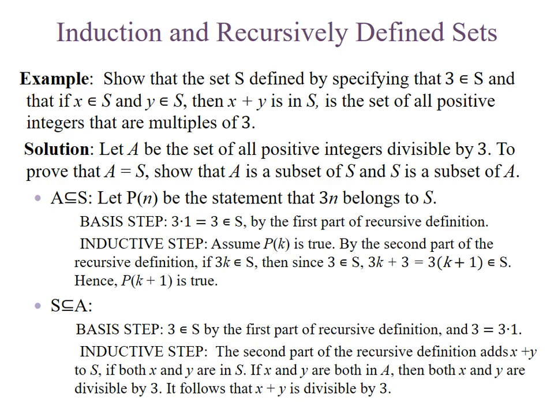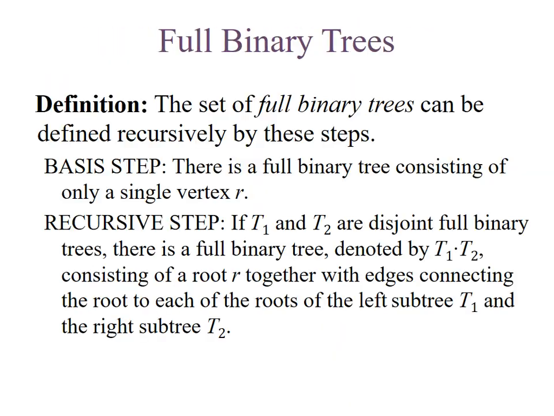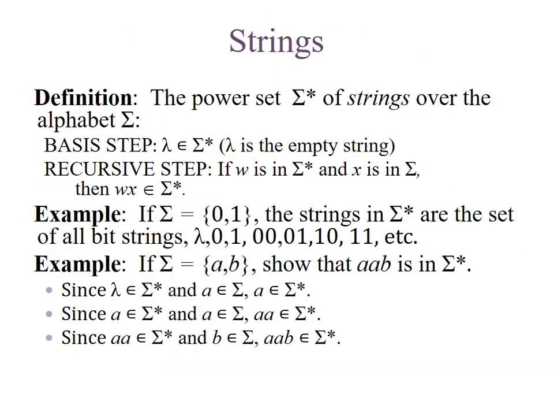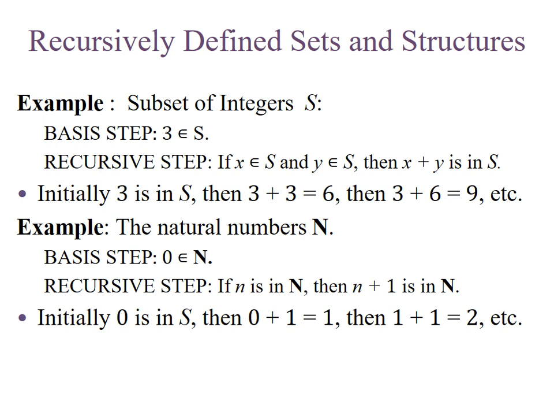So we have seen this problem before, right? So maybe we can go back to where we, oh, yes, it is. In the basic set, we have 3. In the recursive set, we have x and y in S, so x plus y is also in S. So we can compile the set.